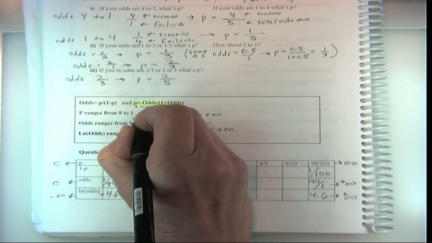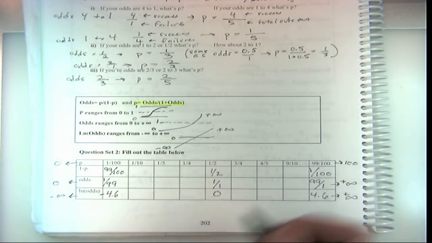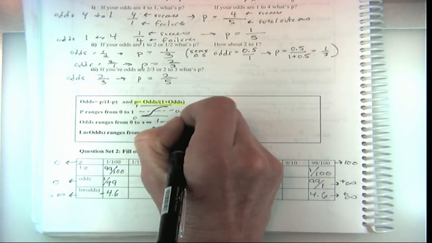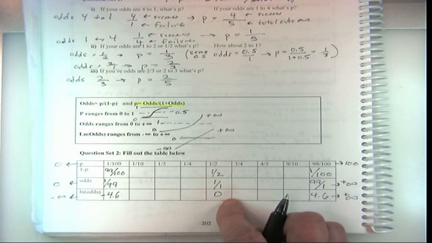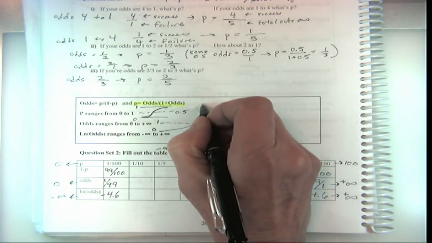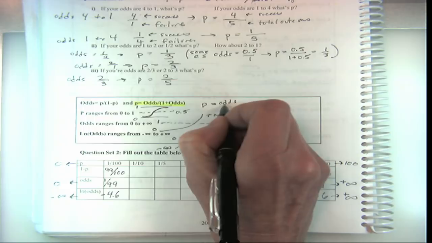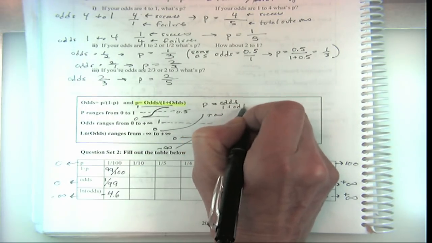It's supposed to be an S, and right here is 0.5, right in the middle. And your probability is equal to your odds over 1 plus the odds.